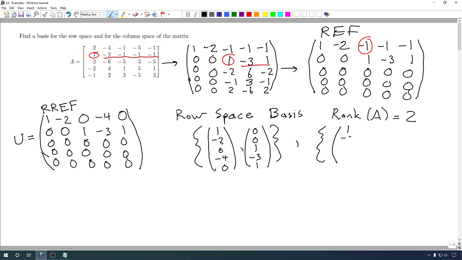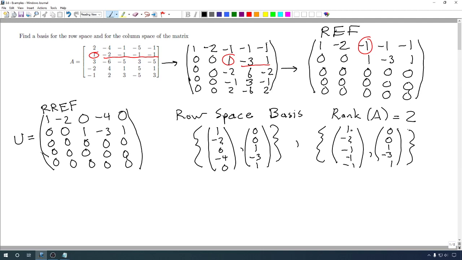So 1, -2, -1, 1, -1, and then 0, 0, 1, -3, 1. It's a little bit more awkward to write on this pad, so I'm sorry that it looks a little sloppy. Hopefully that will improve as we go, but we'll make do as we go.